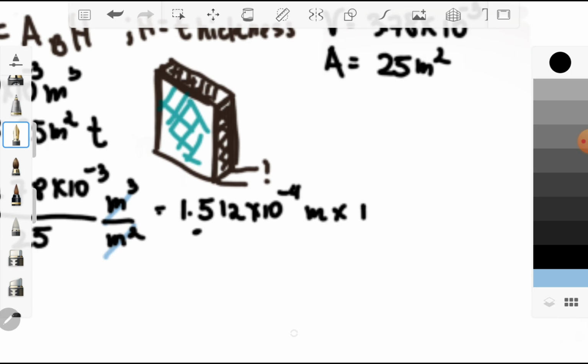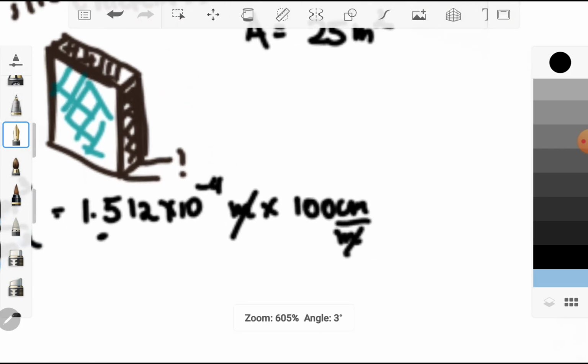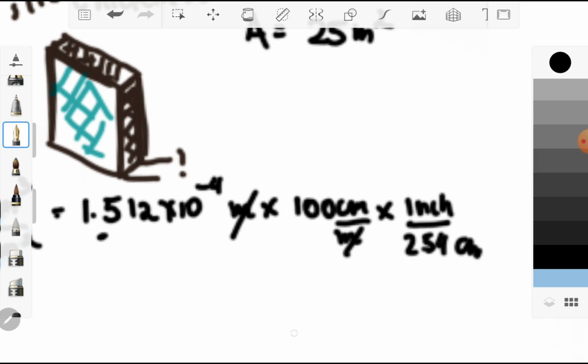We all know that there are 100 centimeter per meter. Okay? So we cancel our meter, since meter divided by meter is 1, right? Times our centimeter to inch. Every inch, we have 2.54 centimeter. That is exact, right?